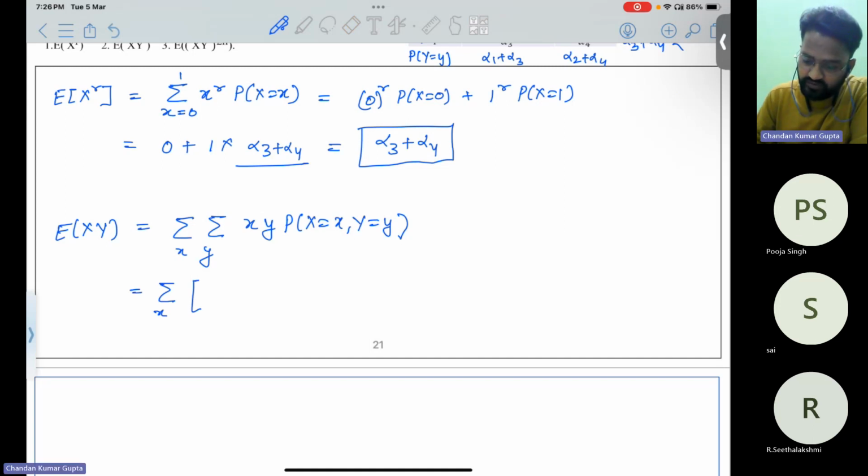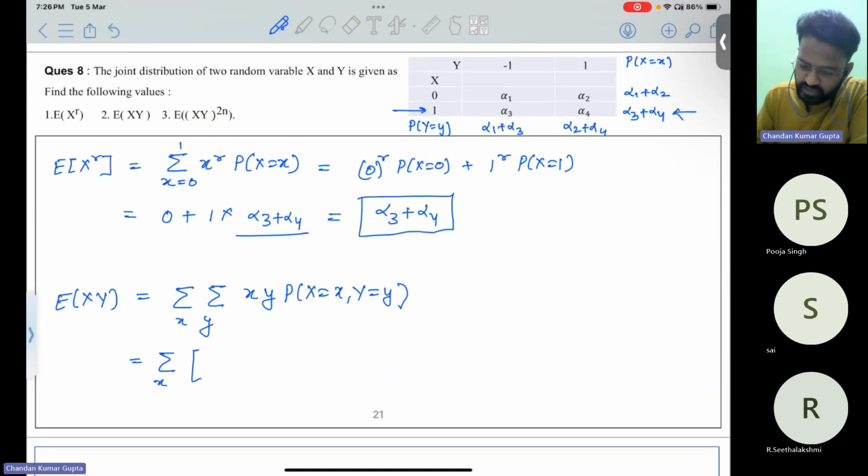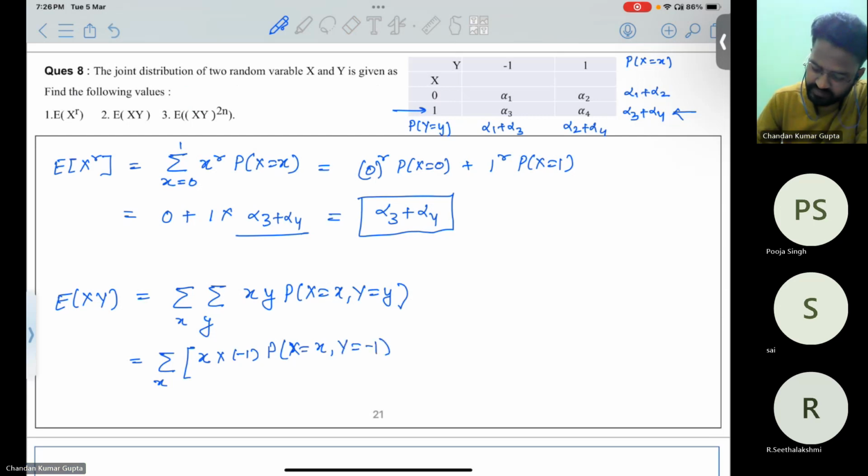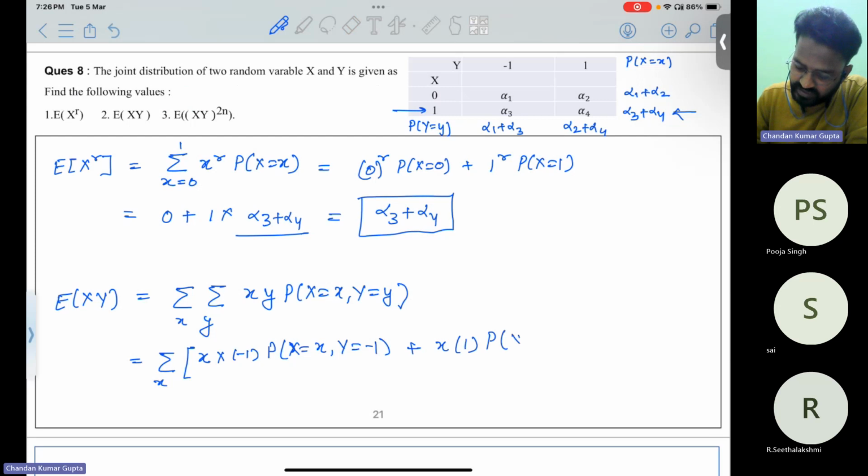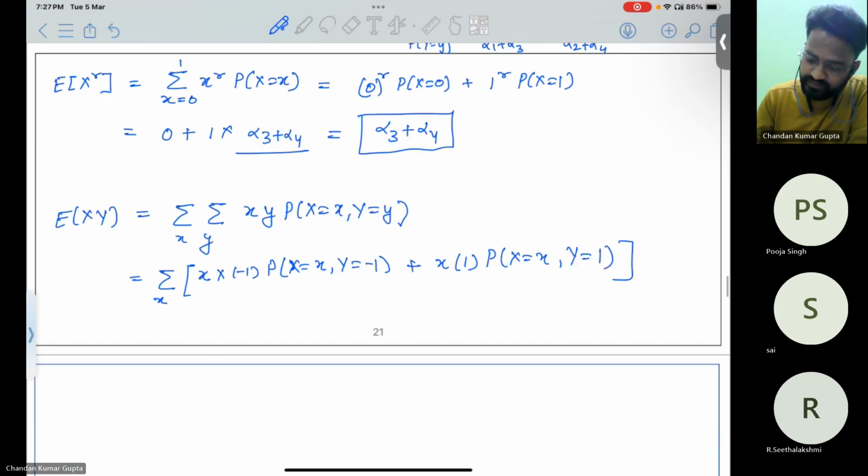Suppose we consider y equal to -1. Then we get x times y equal to -1, times the probability that X equals x, Y equals -1, plus x times y equal to 1, times the probability that X equals x, Y equals 1.